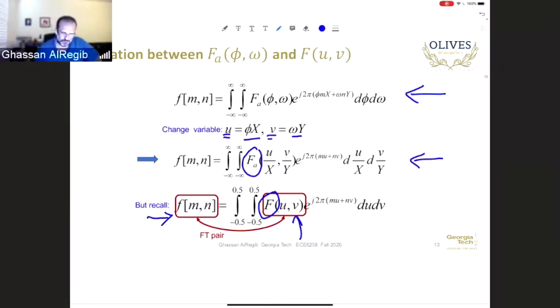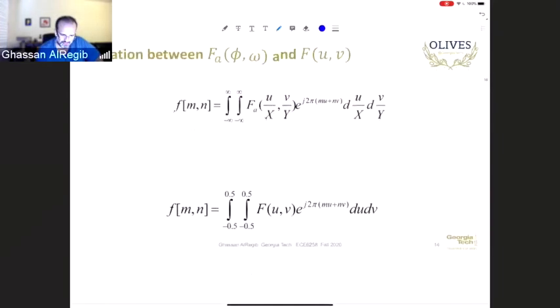So now from these two equations, the left-hand sides are equal, so the right-hand sides must be equal, although one of them is defined using the Fourier transform of the analog signal, while the second uses the Fourier transform of the digital signal. So we'll write them down here.